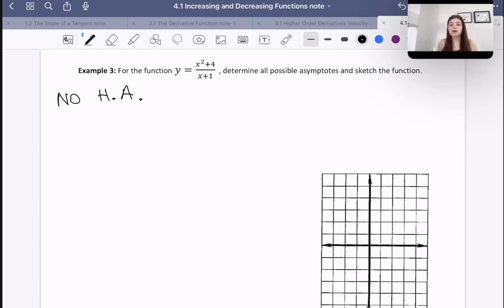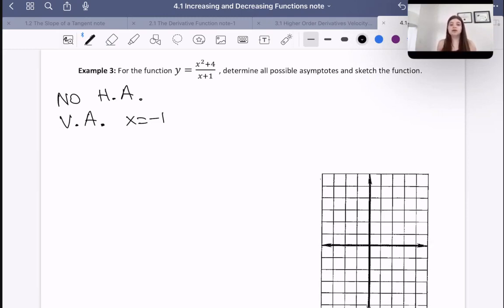Now, what about vertical asymptotes? Well, yes, there is a vertical asymptote at x equals -1, because when x is equal to -1, we'll have 0 in the denominator, so we know that one.